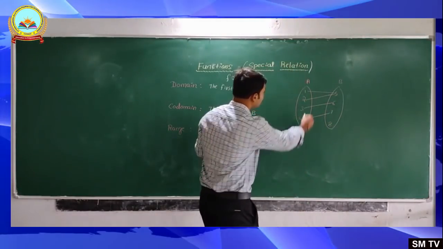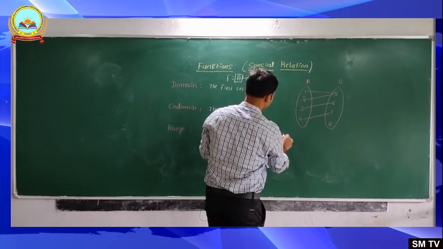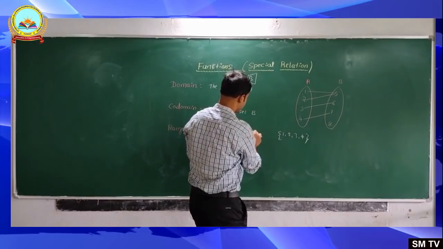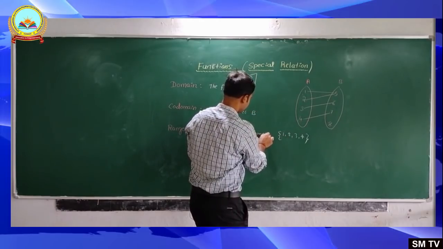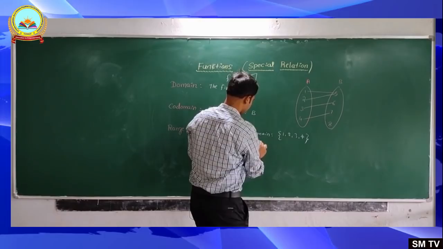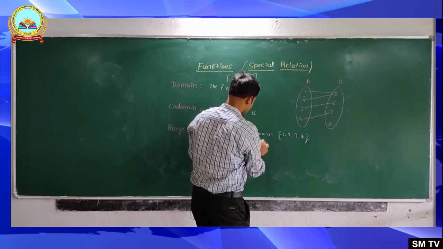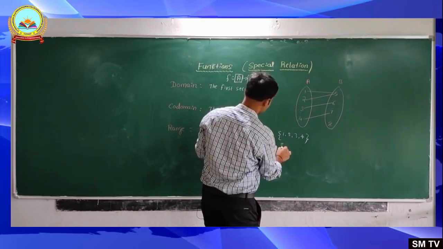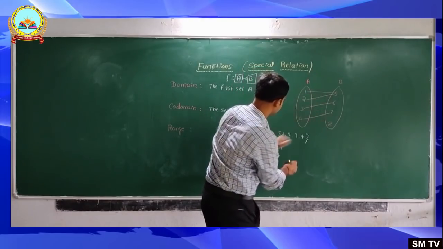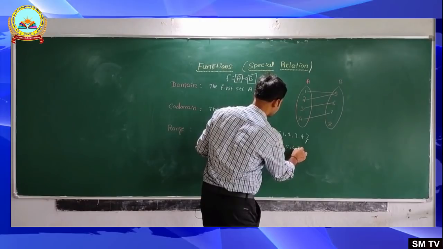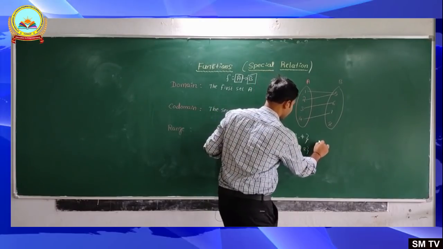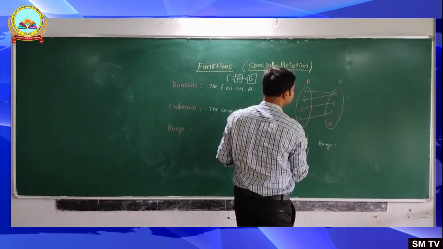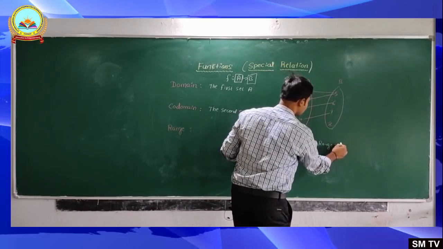So here, if you consider domain, it is 1 2 3 4. Codomain will be set B: 5 6 7 8. And range: which elements are having association with set A? Only 5 6 7.